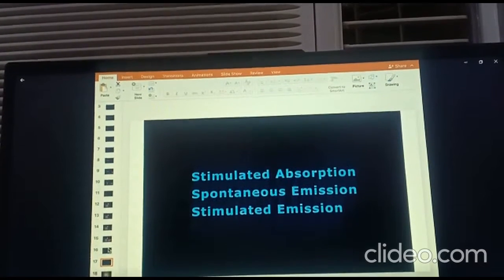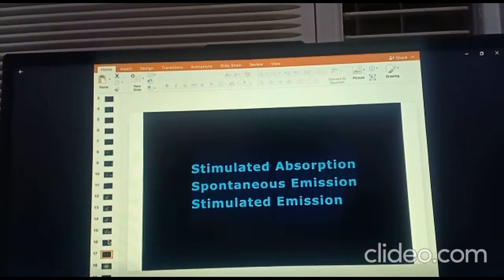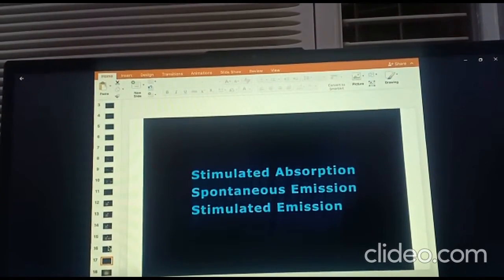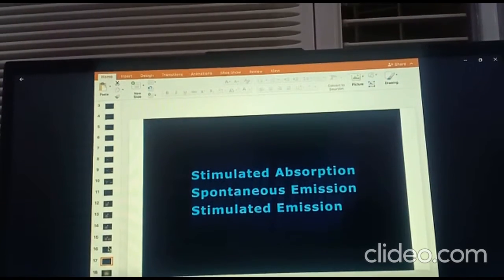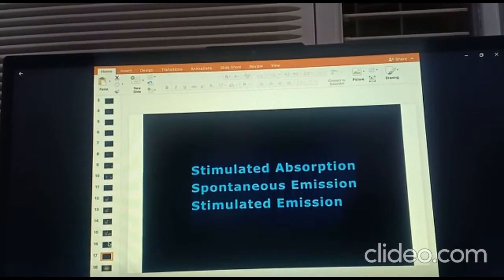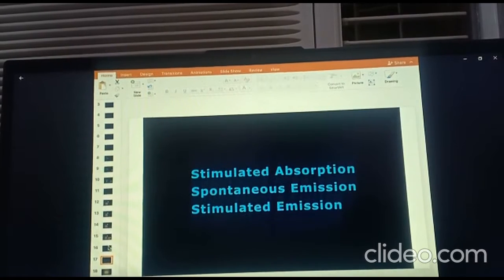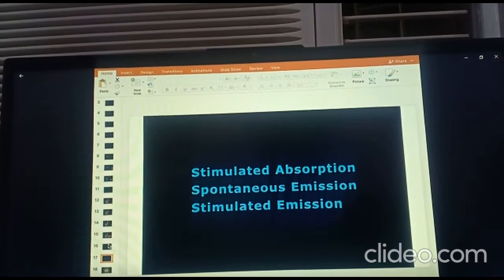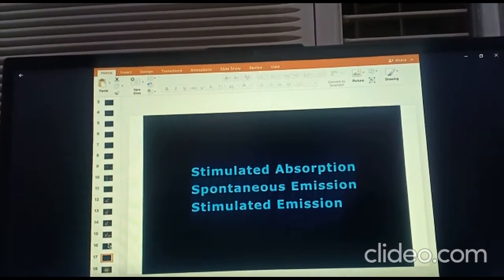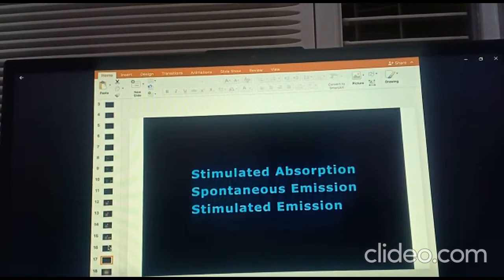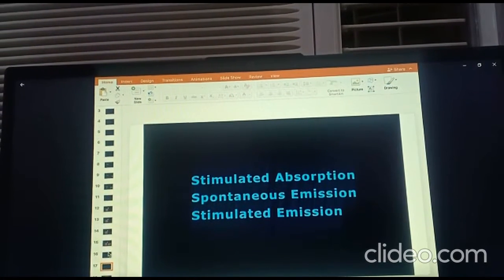Just note this much for now. Spontaneous emission means an electron in the excited state spontaneously, as I have told you, on its own releases its energy and comes to the ground state.